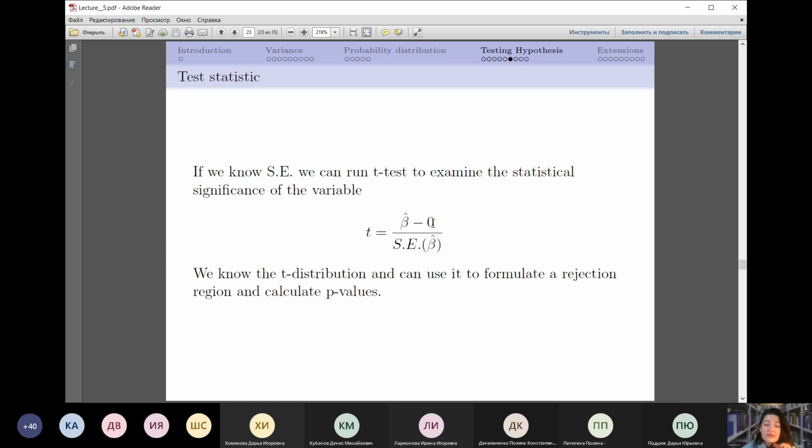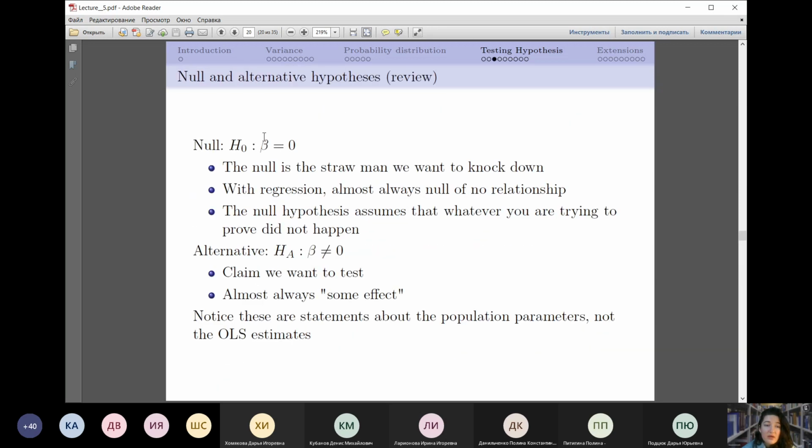Also, I want to note that instead of 0 in the null hypothesis and alternative hypothesis, you can plug in some specific value. For example, your coefficient equals 1.3, and you want to use a one-sided hypothesis test, and for example, check if your coefficient could be less or greater than some specific value, let's say 2 or 1.7.